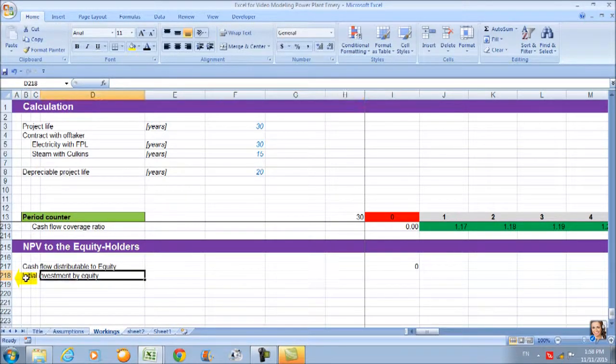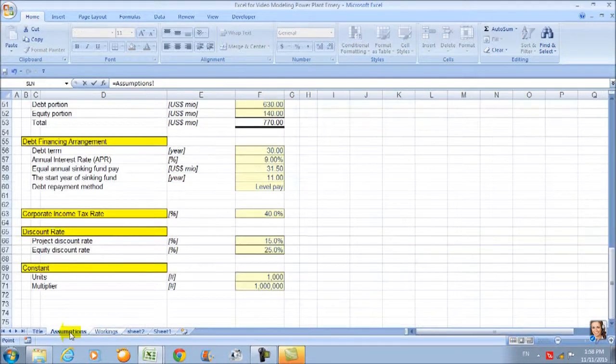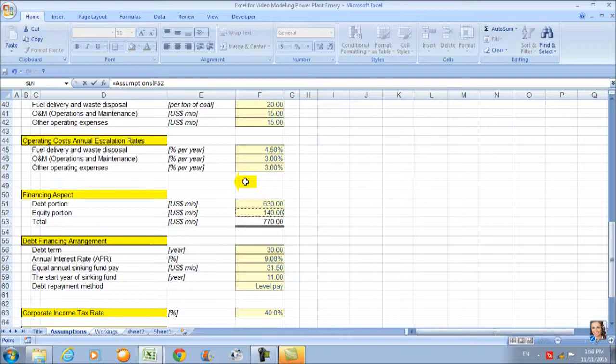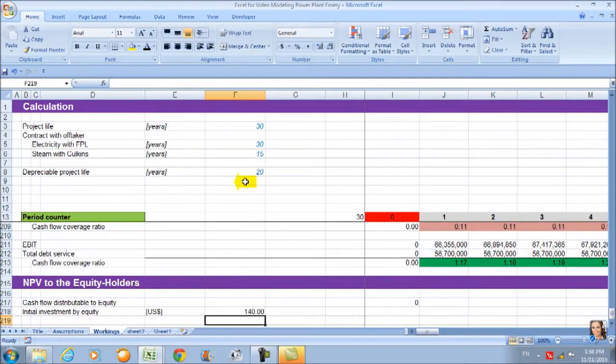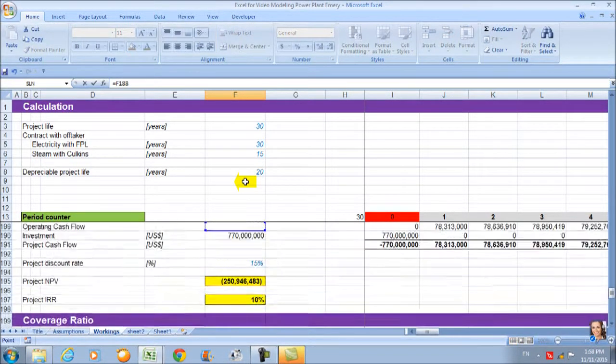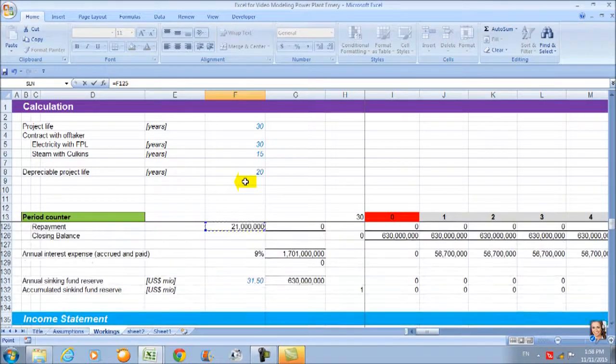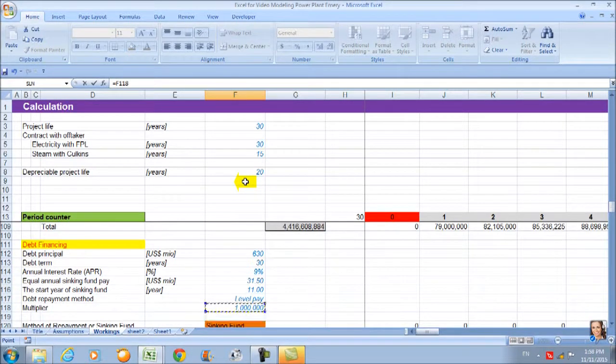I just have to put here USD, and then you link it to assumption. Okay, 140 million, and then you have a multiplier. I will put multiplier here. You have 1 million here, multiplier.